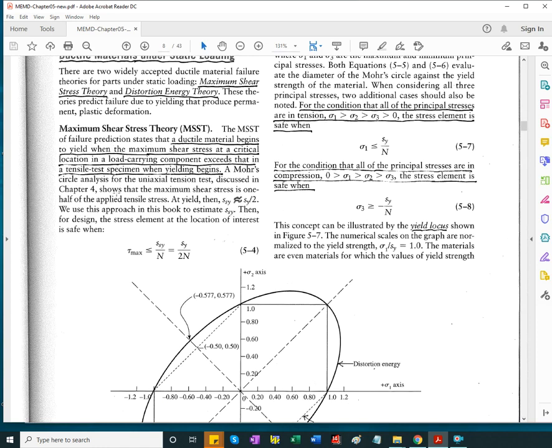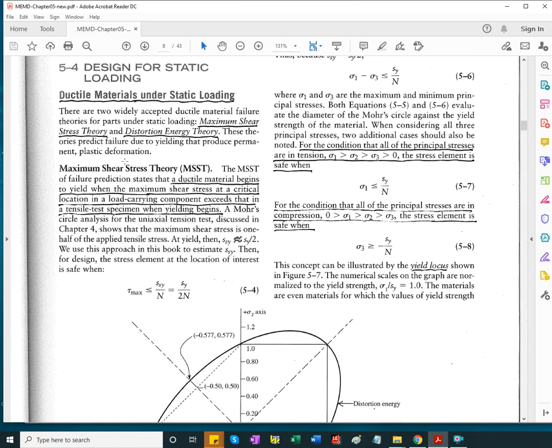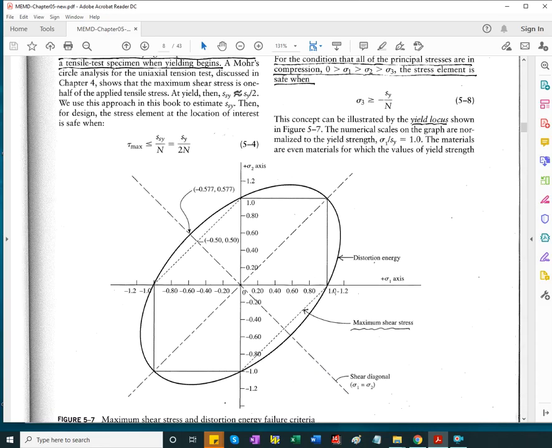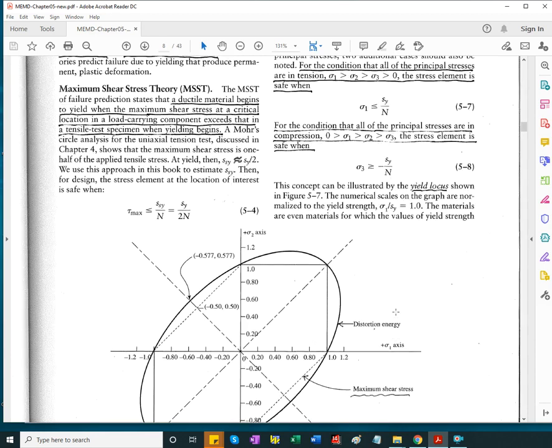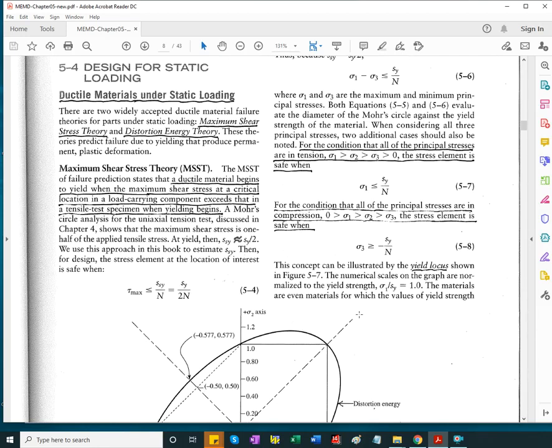The two failure theories that are discussed for ductile materials are the maximum shear stress theory, and the other one is the distortion energy or maximum distortion energy theory, where the equivalent stress is the von Mises stress. The equivalent stress for the maximum shear stress theory is the Tresca stress.